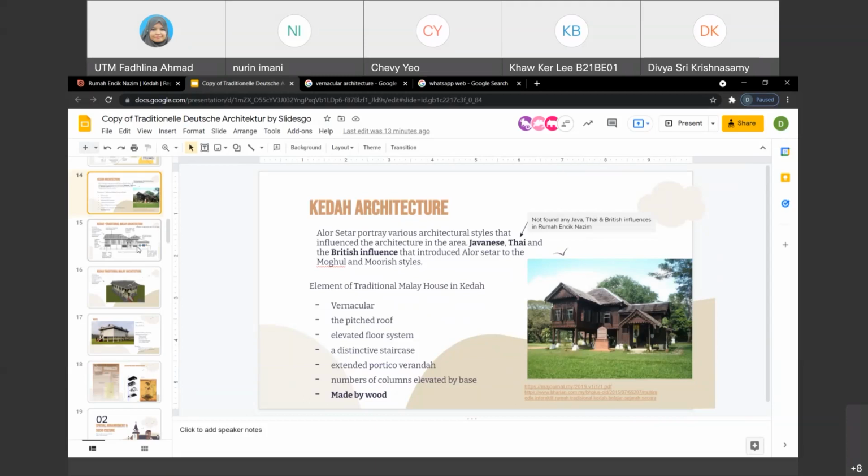And for the Negeri Sembilan traditional house, we have the curved roof, and also the closed veranda. What about Kedah traditional houses? What are the specialties? Alright, okay, you need to add on this one because everything is too common over here. Next slide, please.